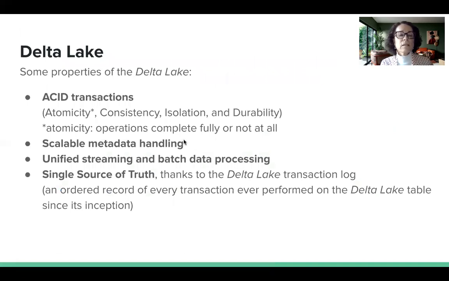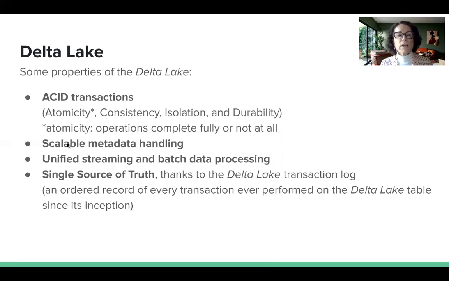What makes the Delta Lake possible are these properties. Delta Lakes have ACID transactions. ACID stands for atomicity, consistency, isolation, and durability. Atomicity is particularly interesting because it provides for operations that complete fully or not at all, which means that you won't have operations that complete partially and just provide you with poor data quality and confusion in your data.